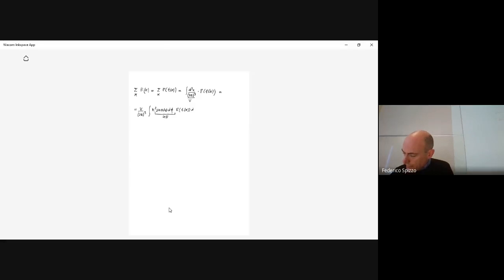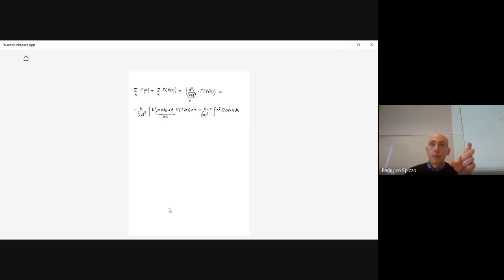So we are just left with the integral over the modulus of K. We have volume divided by 2 pi to the power of 3. Sorry, I forgot 4 pi. Then we have k squared times F of e of k dk.